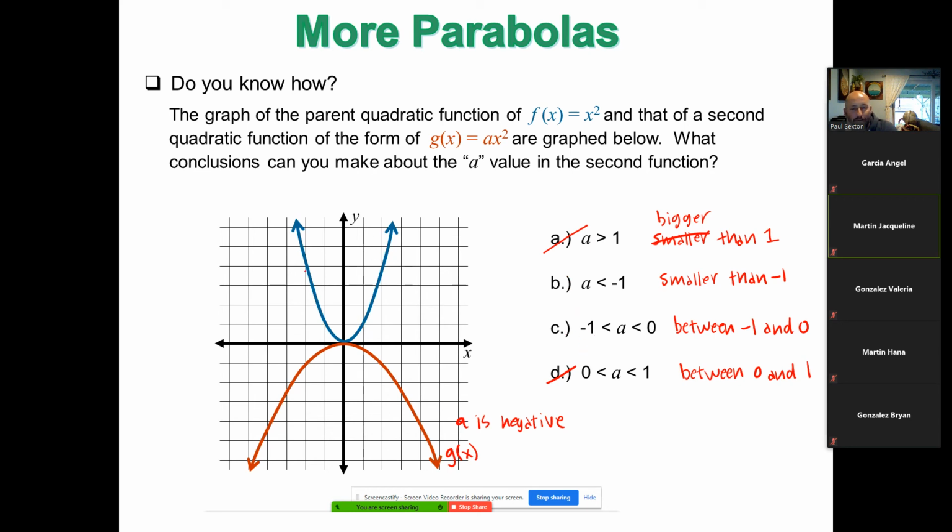So compared to the blue, compared to the parent function, which of course is f of x, it's wider. So what do we know about it if it's wider? Is it going to be a bigger number or a smaller number to make it wide?